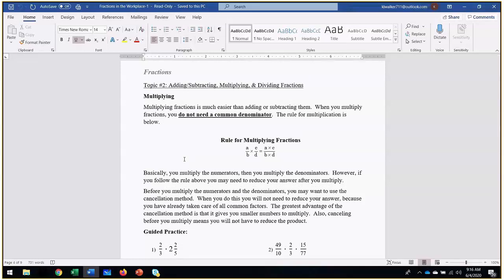So when you're multiplying two fractions together, the rule is you just go straight across. Now this is going to take different forms depending on the type of fractions you start with, but as a general rule, you just take it straight across.